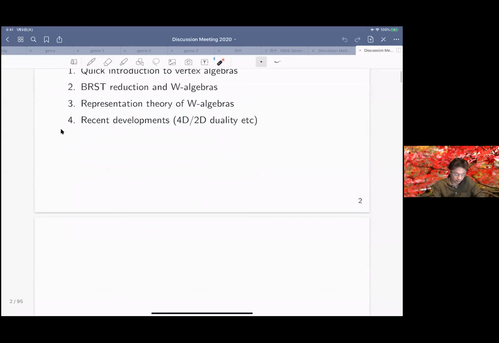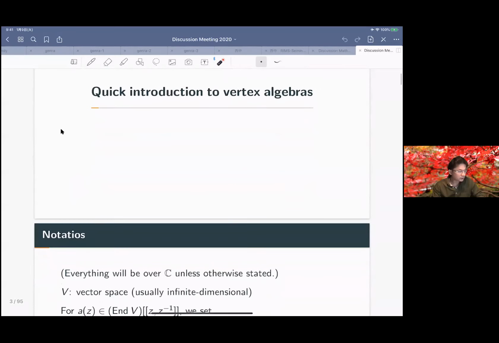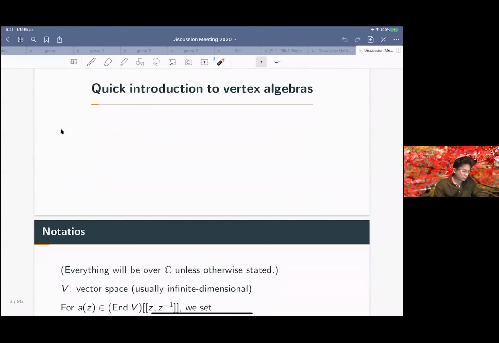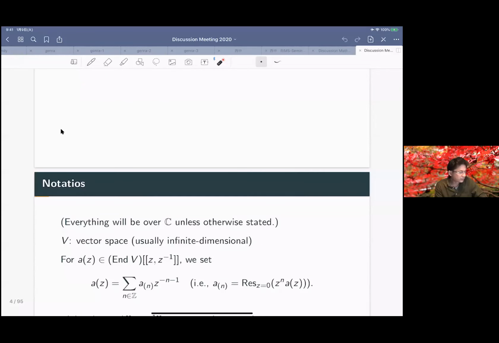Okay, so let's start. Everything will be over the complex numbers unless otherwise stated. Also, vertex algebra makes sense for any characteristic. V is going to be a vector space over C, usually infinite dimensional.